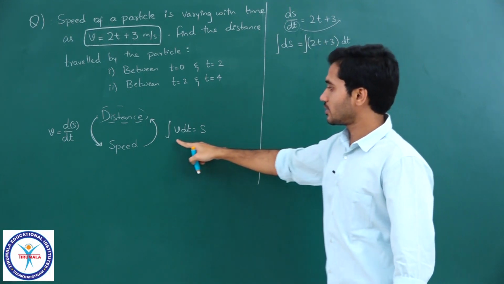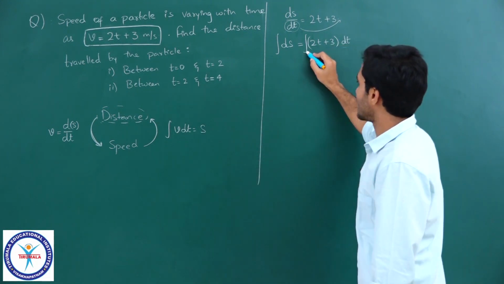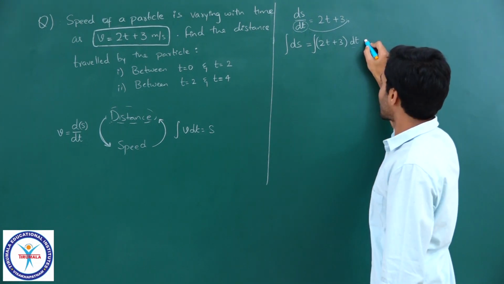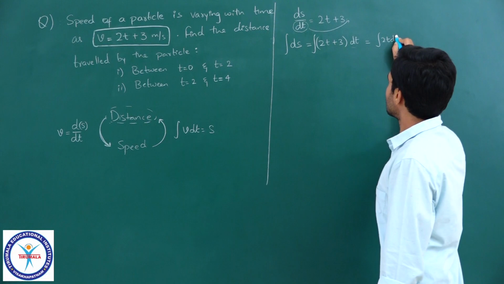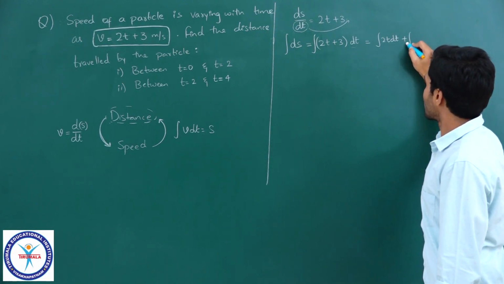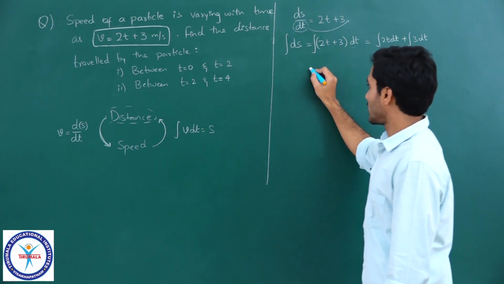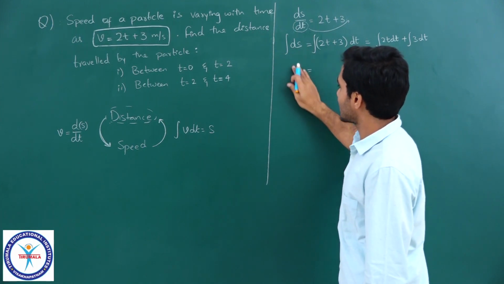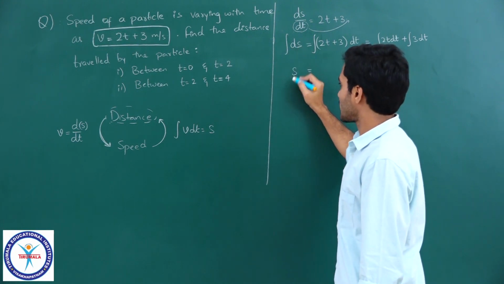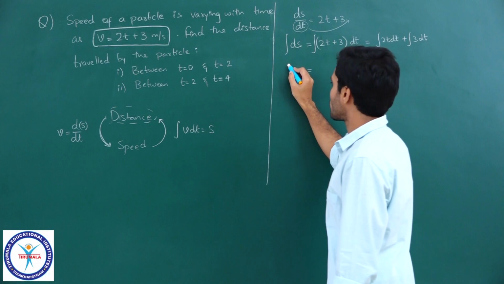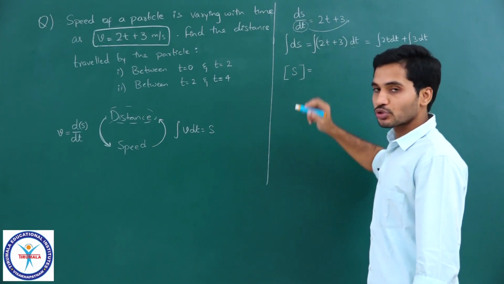Now I know that when I integrate speed with respect to time, I get the distance travelled. So the integral of (2t + 3) dt can be understood as the integral of 2t dt plus the integral of 3 dt. On this side, the integral and d will go away and I will be left with s. Remember, I am going to perform definite integration here, which means I am going to substitute the limits.